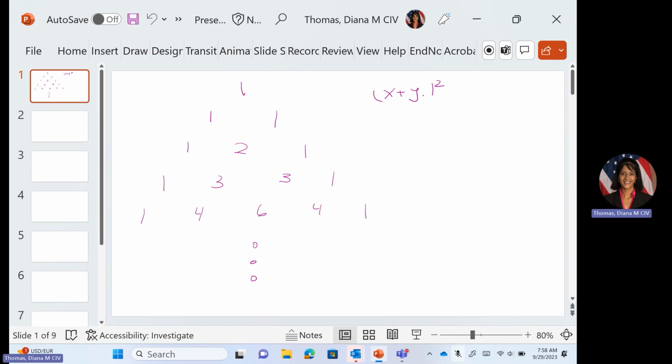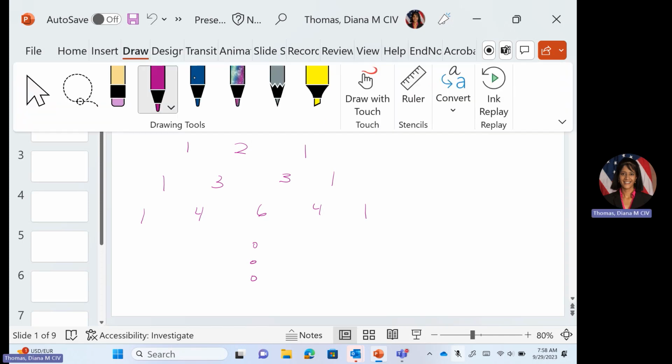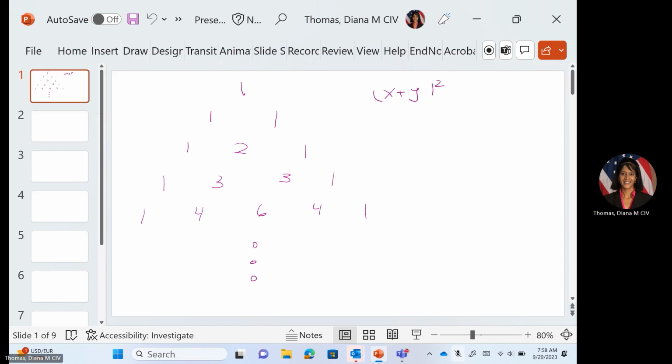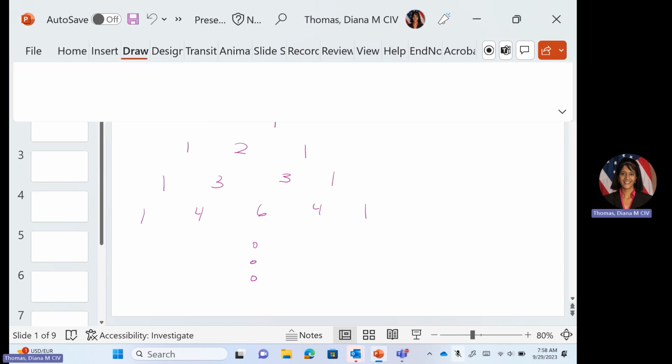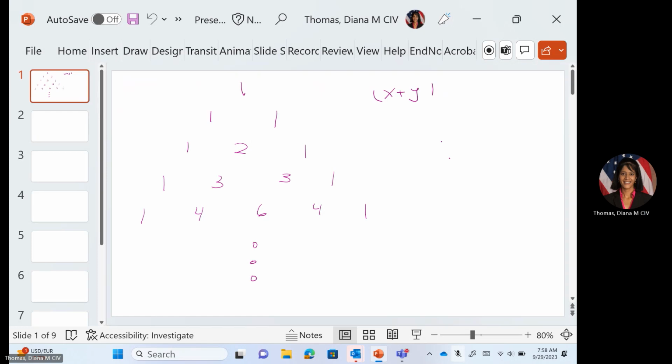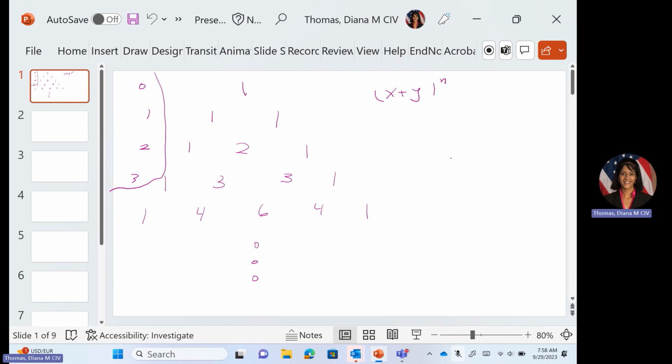This is x plus y to the n power. If n is 1, I'm on the first row. This is the 0th row, this is the first row, this is the second row and third row. It's just delineating the rows.